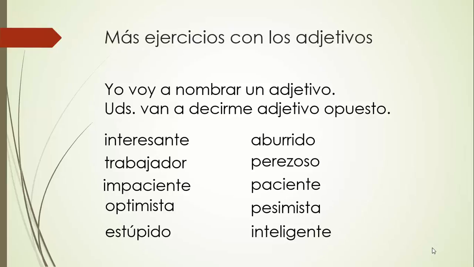Okay, well, I want to go back for a minute because this exercise gives me an opportunity to comment on one thing. Optimista and pesimista, words that end in ista. If it ends in ist in English, like optimist, it's going to end in ista in Spanish, like optimista. You've got lots of words like that. Communist, comunista, socialist, socialista. Okay? Now, notice it ends in an A. It's always ista.